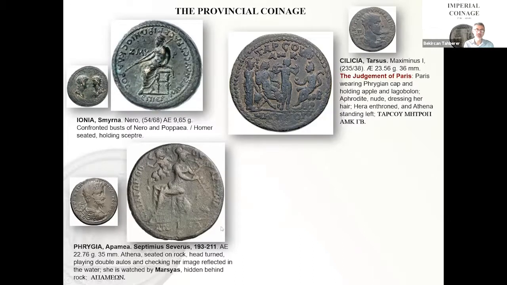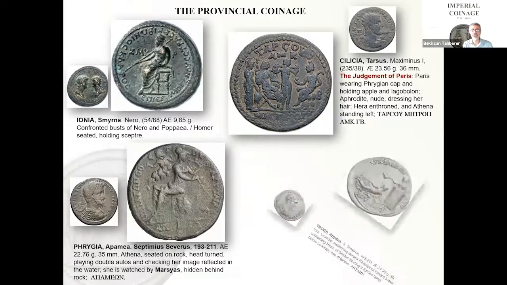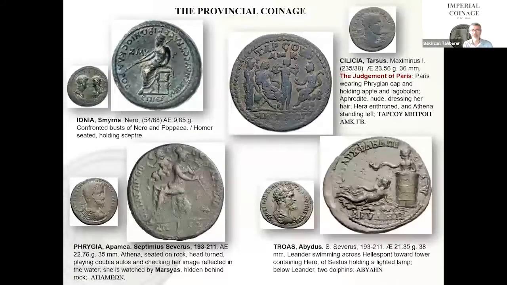As soon as she throws them in the river, Marsyas runs and grabs them, and he learns how to play the aulos. And then, as the story goes, he challenges even Apollo, god of music at that time, which cost him his skin. So the whole mythology is depicted on these coins.